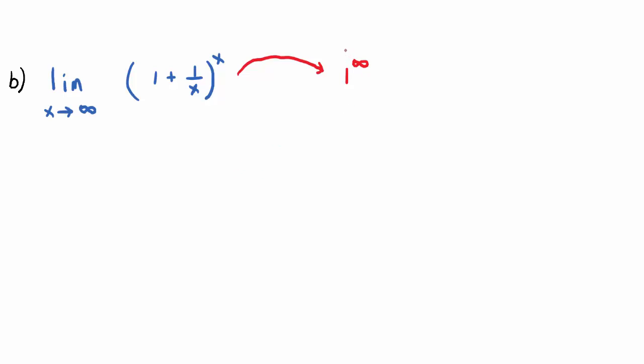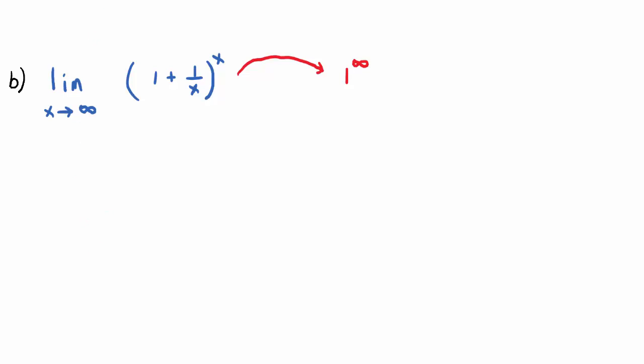By the way, the indeterminate form 1 to the infinity, is that one of the forms that we can use L'Hopital's rule on? No, can't do it. So we need an idea here. What could we maybe do to get that exponent to fall down?